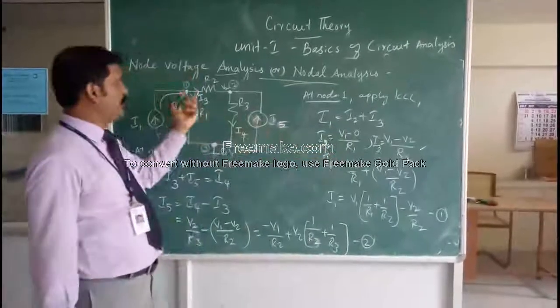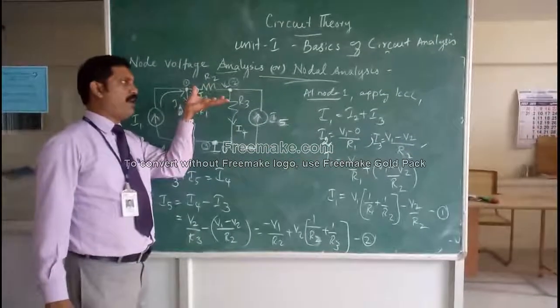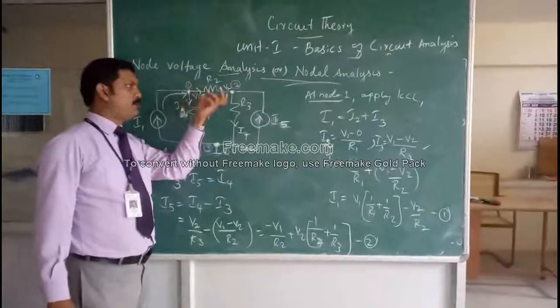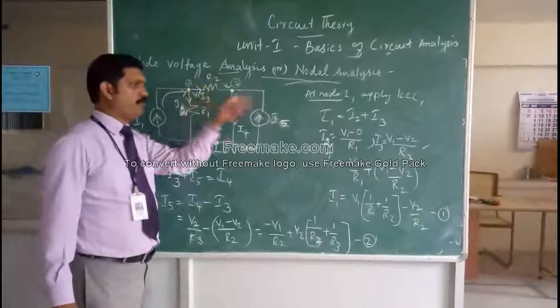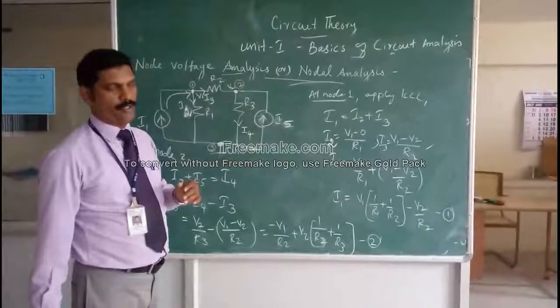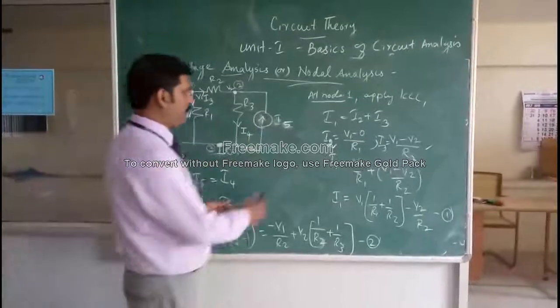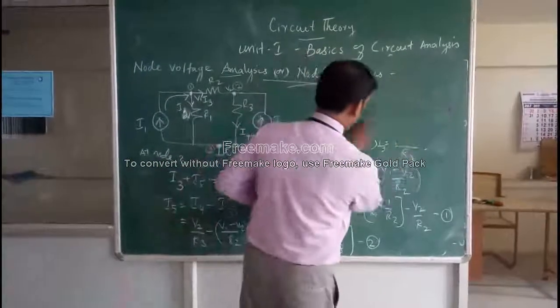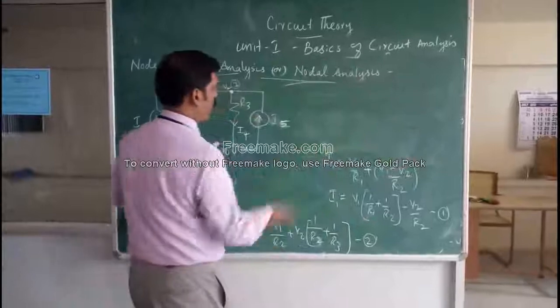Similarly, for I3, the difference of those two voltages divided by R2 gives I3. Similarly, you can find the current flowing through R3 also. So the next step is to put this into matrix format.